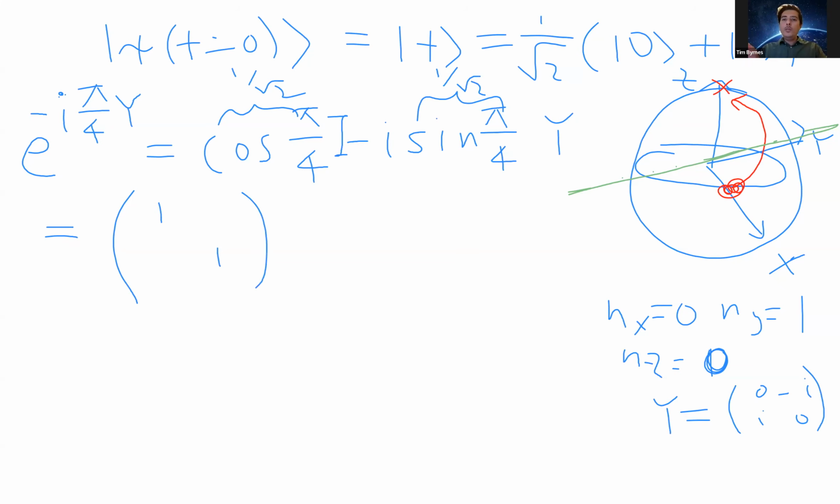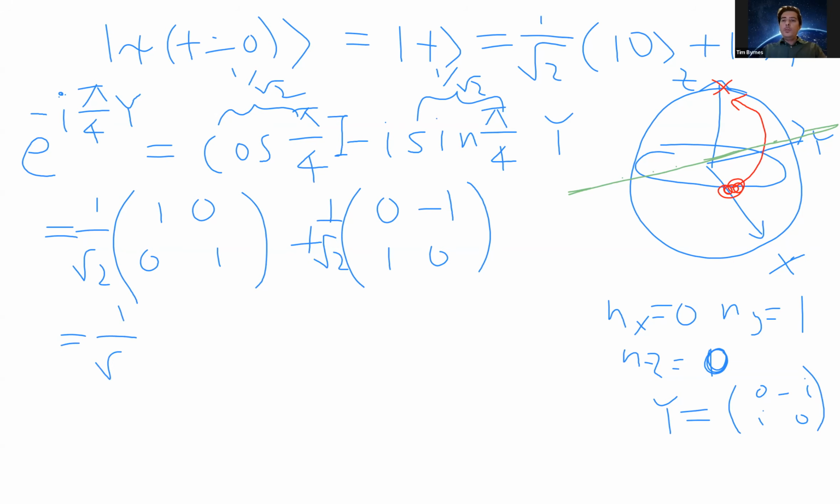So 1, 1 on the diagonal is the identity matrix, and minus i times this matrix will give minus 1 and plus 1 here. So this is 1 over root 2 times 1, minus 1, 1, 1.